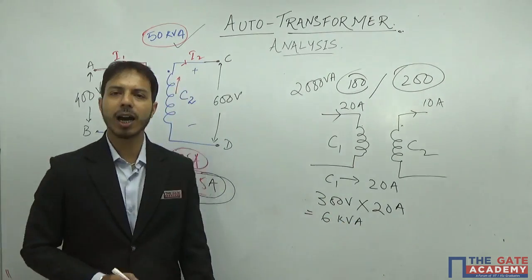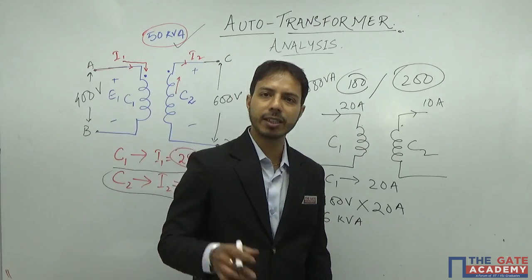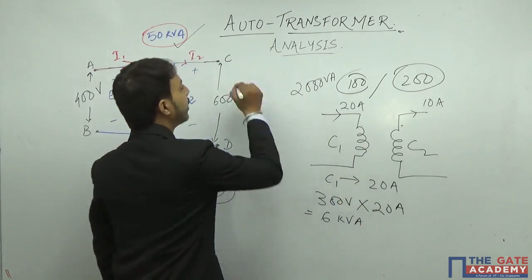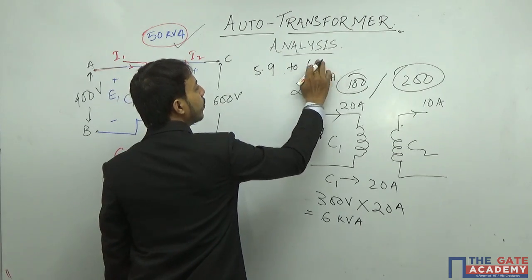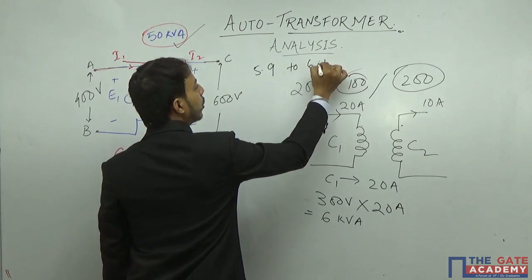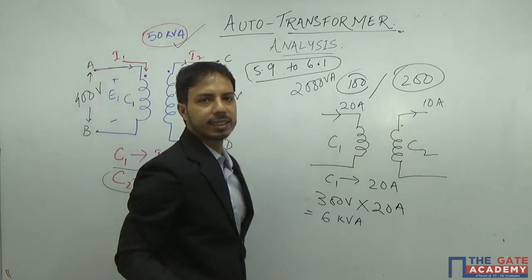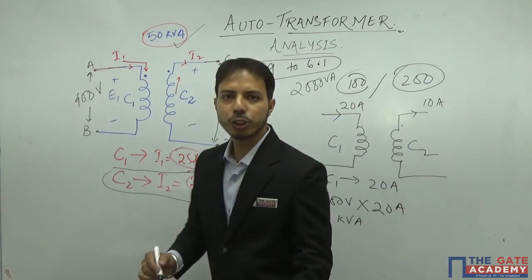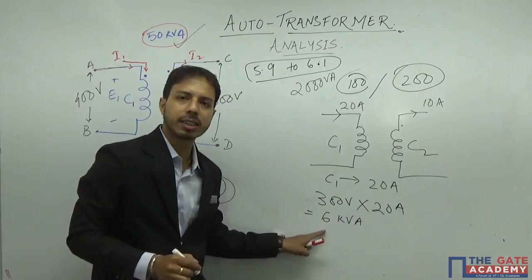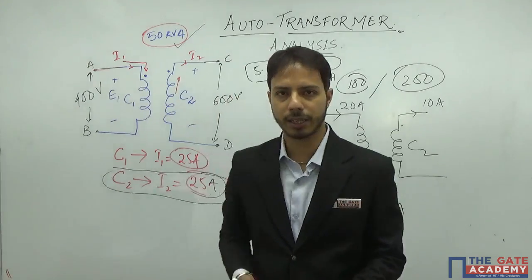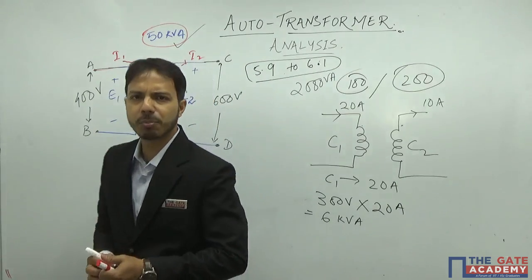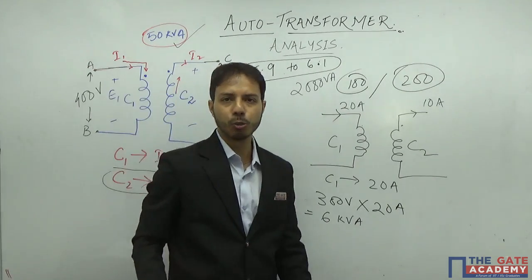So the answer will be 6 kVA, and the range given for this question is 5.9 to 6.1 kVA. This is the answer that is given by GATE. By our calculation we got 6 kVA, which is inside this range, so our answer is good. This is very simple, and if you do this, you get 2 marks.